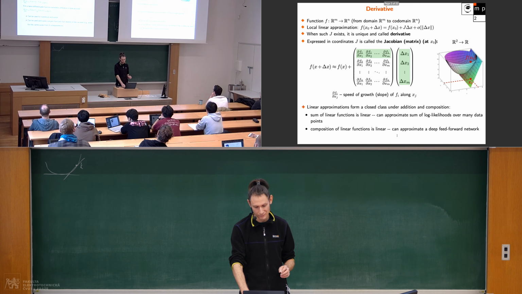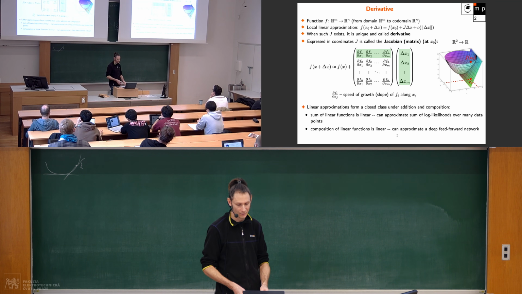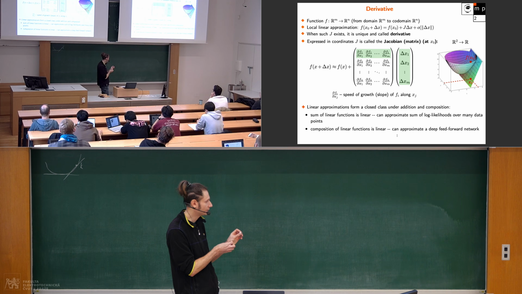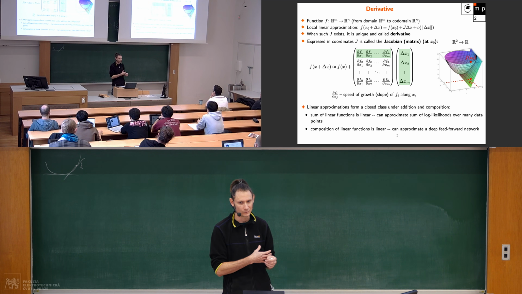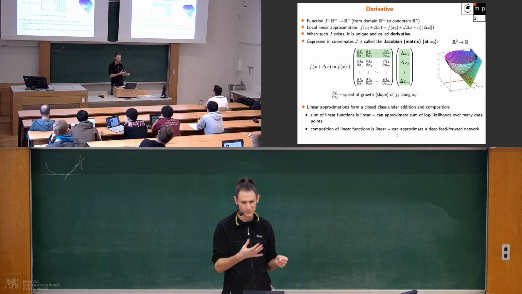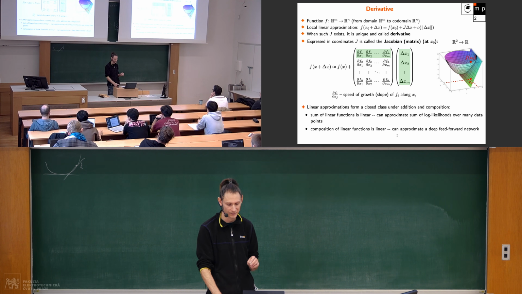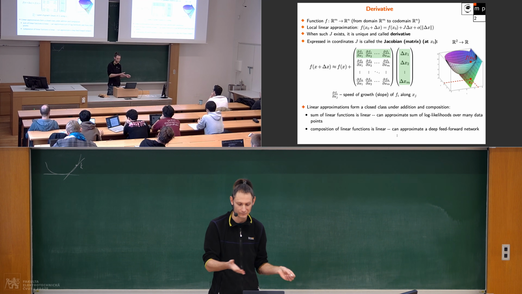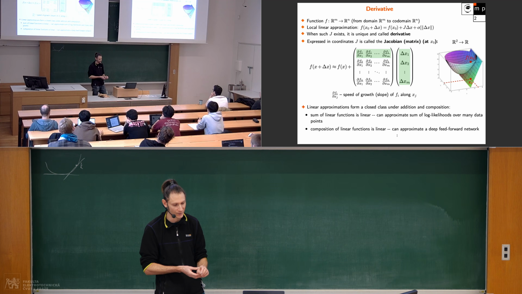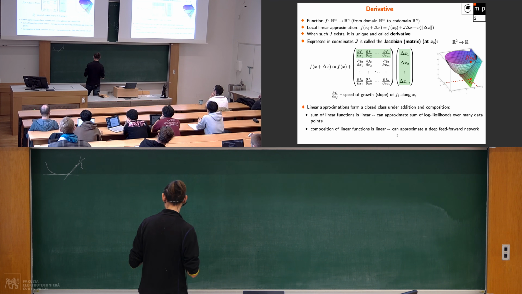And of course, this formalism has limitations, right? If a function takes as an argument a matrix, and we want to find the linear approximation with respect to this matrix, not just a vector, but a matrix, then this breaks down because you cannot form any more such a nice Jacobian matrix. There is still a derivative, but you've got to write everything in coordinates.